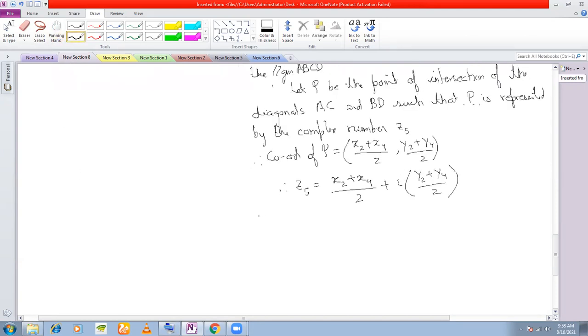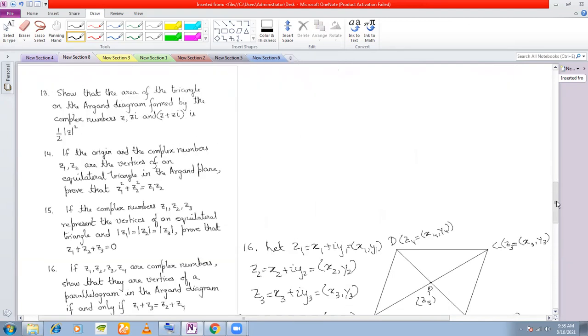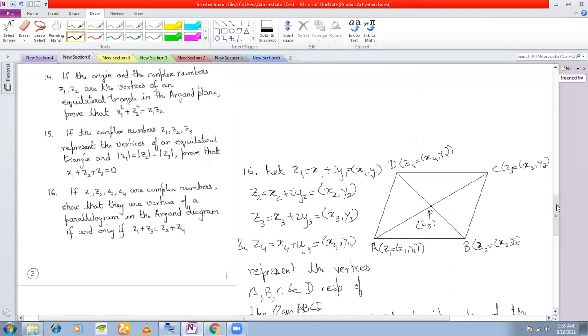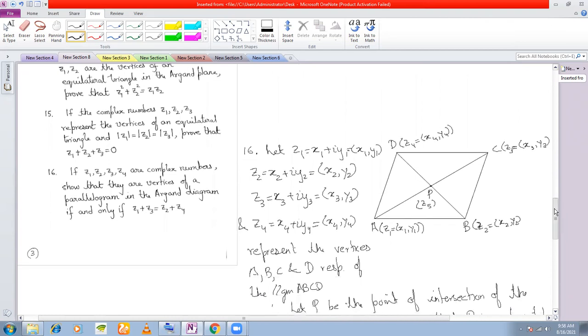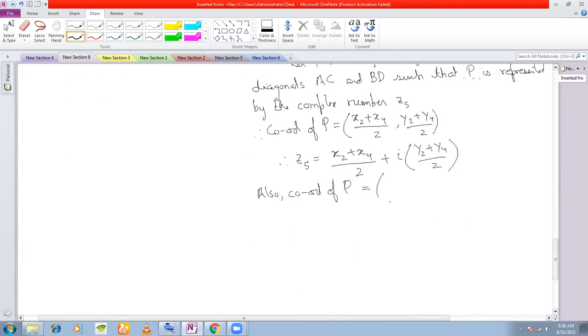Also, what is the other coordinate of P? P is the midpoint of AC also, right? So X1 plus X3 by 2, Y1 plus Y3 by 2. Therefore, Z5 must be equal to X1 plus X3 by 2 plus I times Y1 plus Y3 divided by 2.